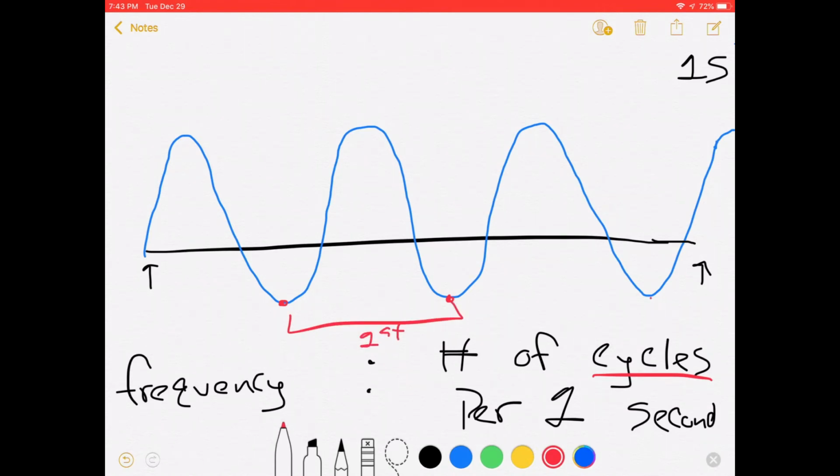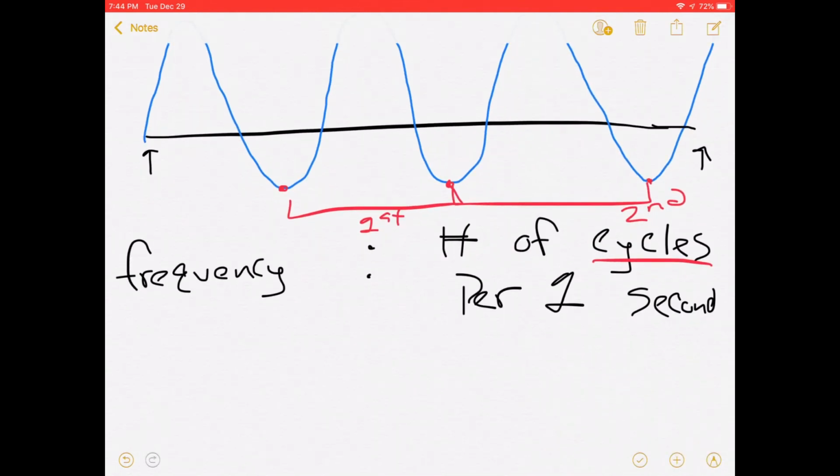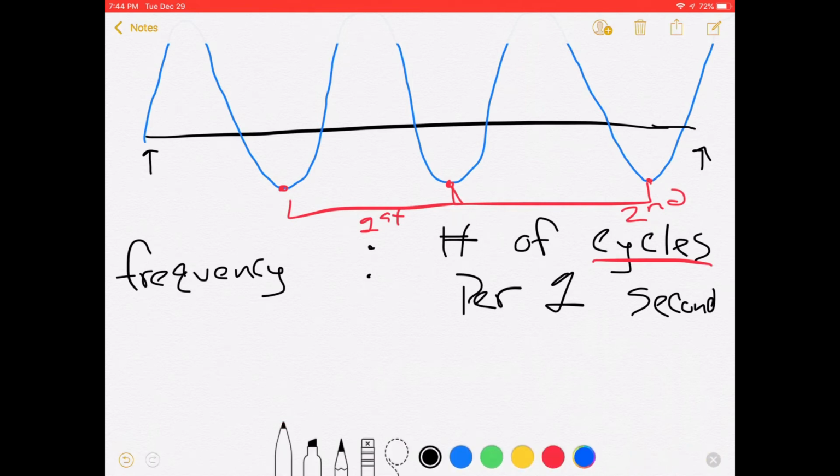And then we have this trough to this other trough, and that is our second wavelength. So if I had to answer the question about the frequency of this wave, I would say that this wave has a frequency of 2 cycles per second.